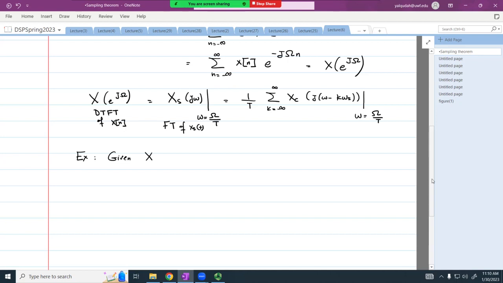So given the spectrum of a signal, Xc(jΩ) below, we're going to plot Xs(jΩ) and X(e^jω).